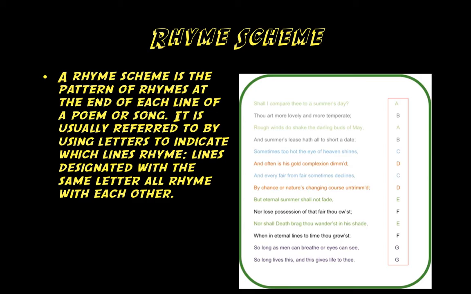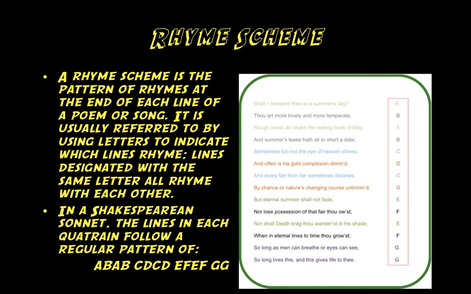Our two D lines have the same letter because dimmed rhymes with untrimmed. And our two C lines have the same letter because shines rhymes with declines. In a Shakespearean sonnet, the lines in each quatrain follow a regular pattern of AB, AB, CD, CD, EF, EF, GG.